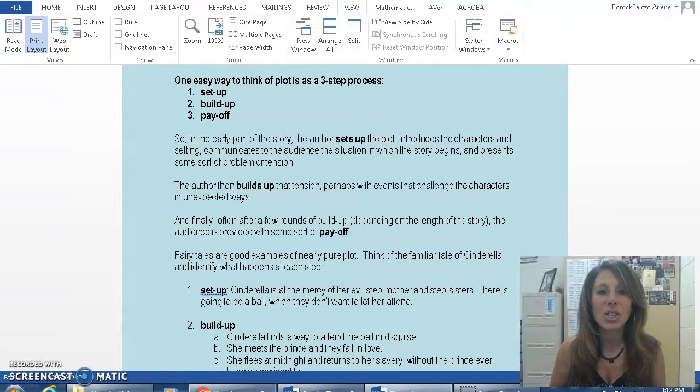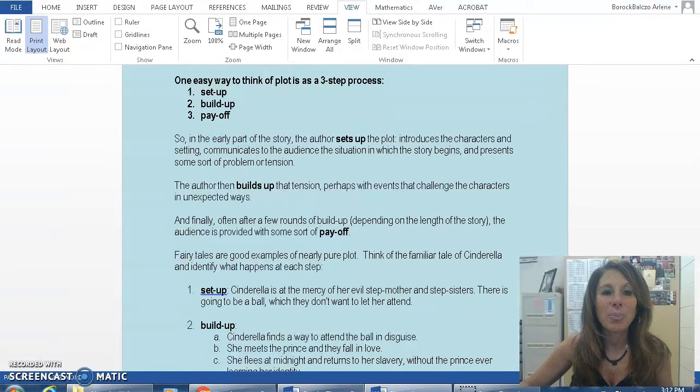He communicates to the audience the situation in which the story begins, and he presents some sort of problem, some sort of tension, because you wouldn't have a story if there was not any conflict. So he sets up the setting, he sets up the characters, he sets up the problem. Okay?